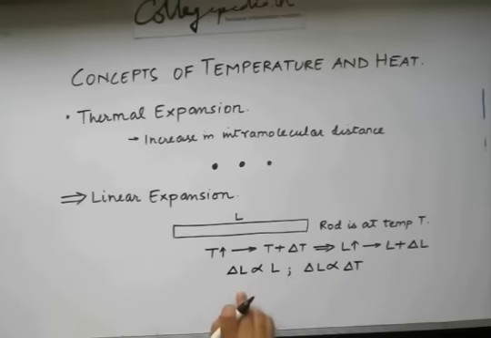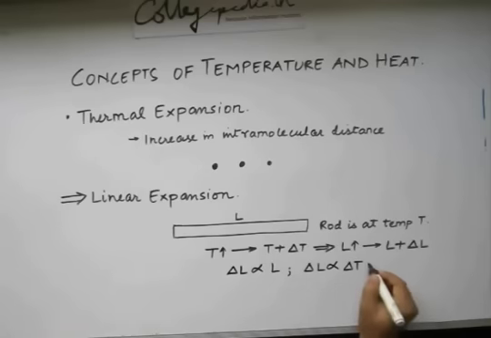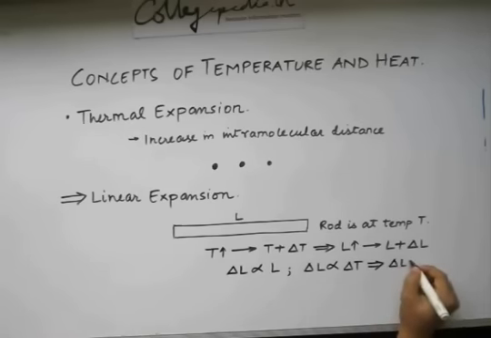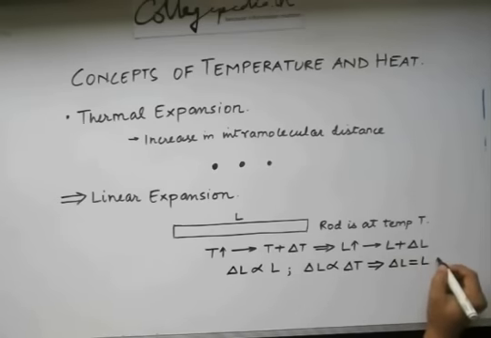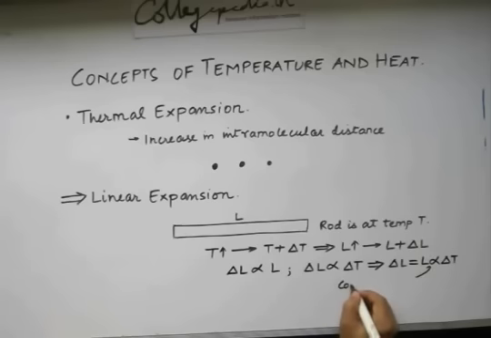Now, from this and by simple mathematical calculations based on different experiments, we find that delta L here becomes equal to L alpha delta T. This alpha here is the coefficient of linear expansion.